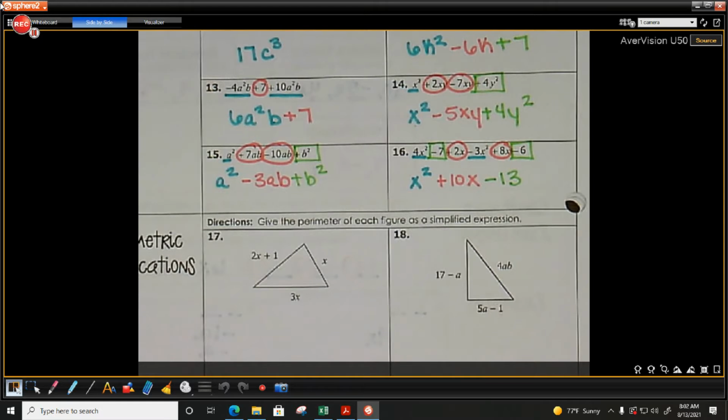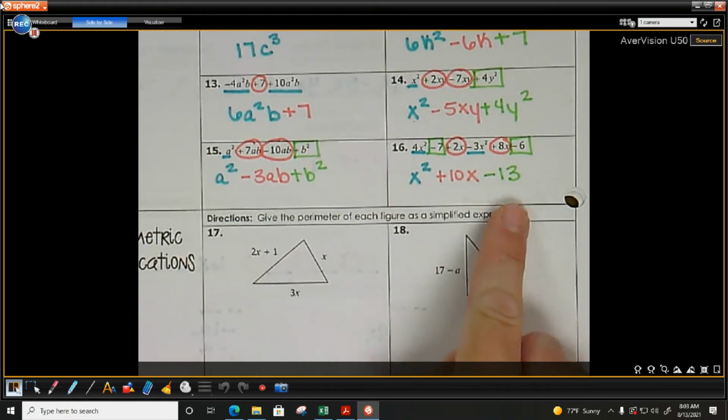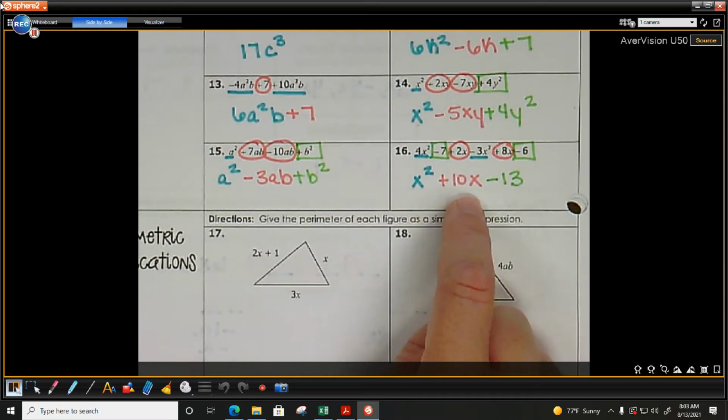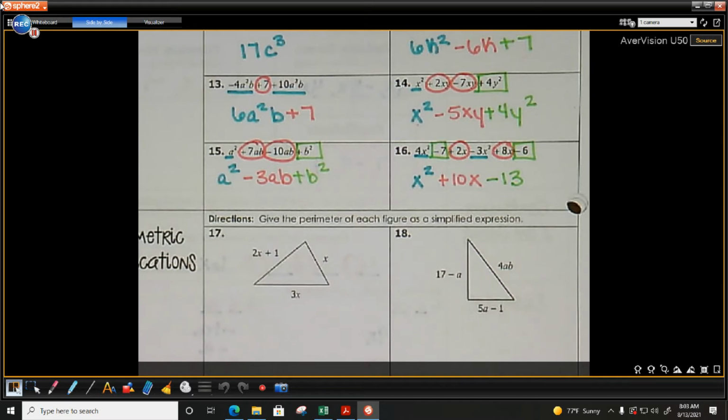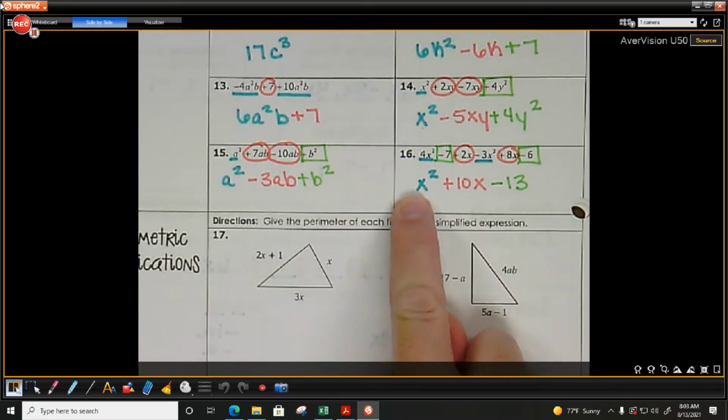How many of us got it kind of right? Like at least one term of it right? Doesn't matter if it's in a certain order, but it's not wrong if it's in a different order. This is the correct order. This is the order you should put it in, but if you wrote x squared minus 13 plus 10x, because that's the order that the terms were originally in, it's not wrong, but I'm going to try to get y'all trained to write it big exponent down to your constant term.